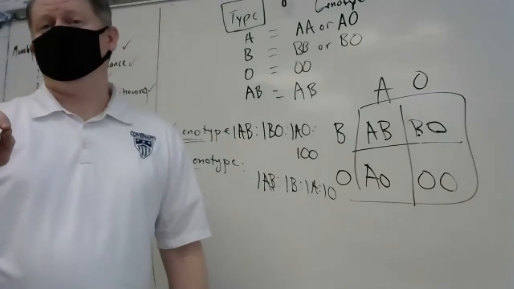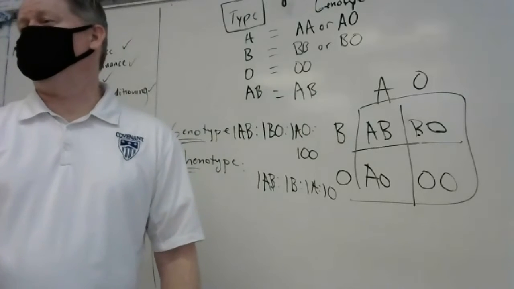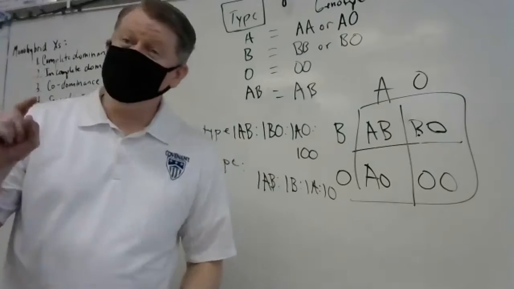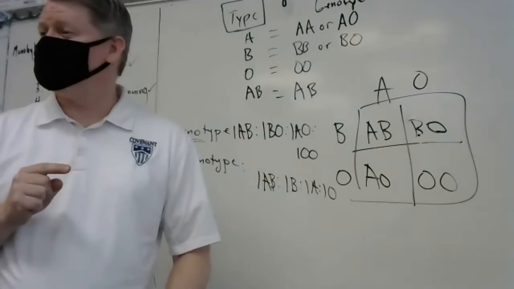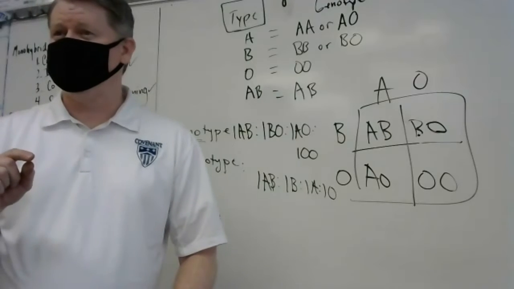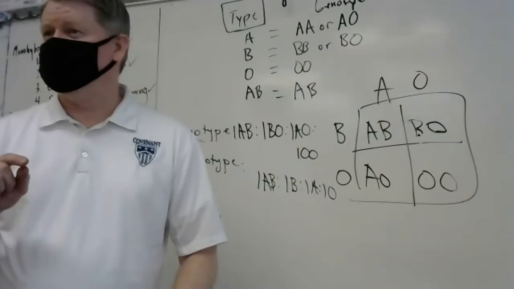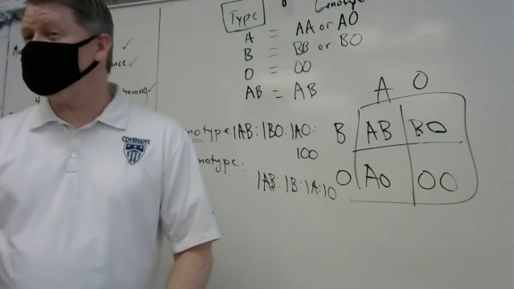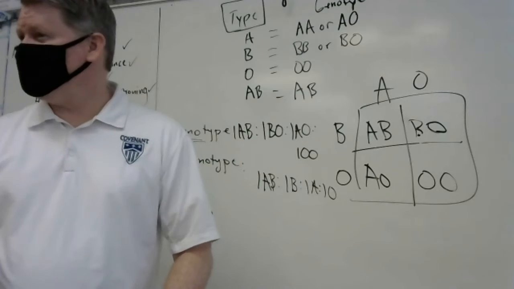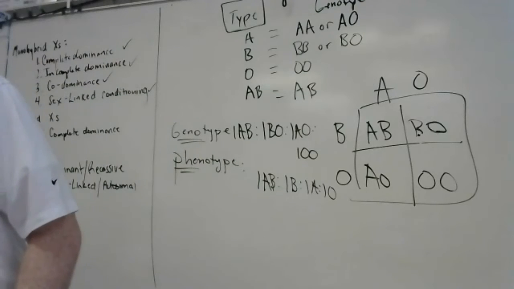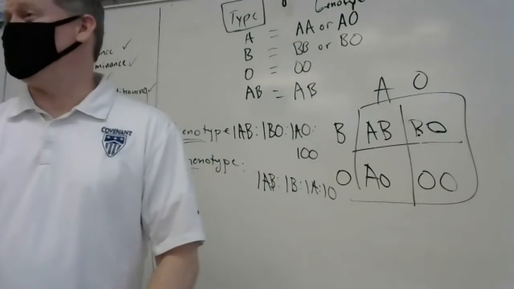This is interesting, and geneticists have been trying to figure this out for a long time. Do you know what the most prevalent type of blood is in the country and around the world? By a slight margin, but still. Do you know what it is? More people have what? Wait. There's a higher percentage of people that have O. That's not supposed to happen, right? You'd say the recessive condition is usually eclipsed.